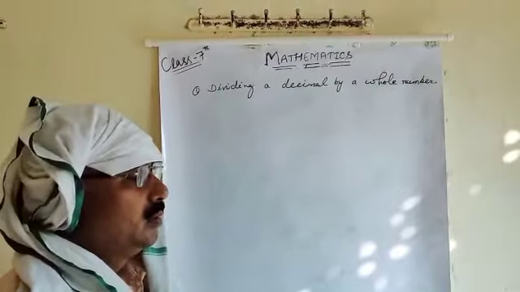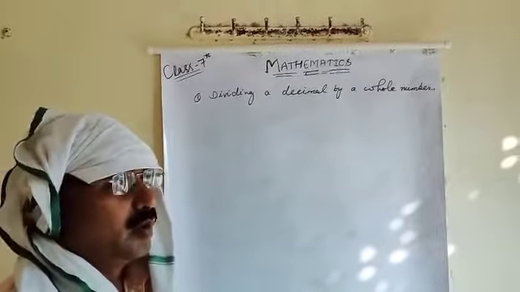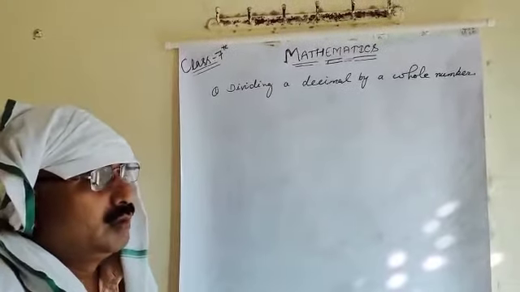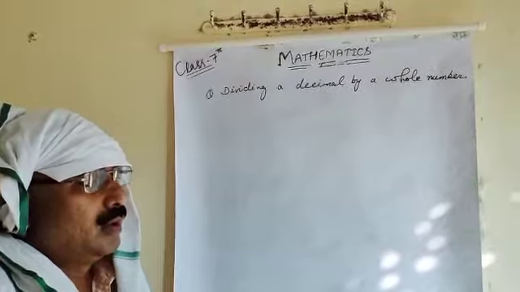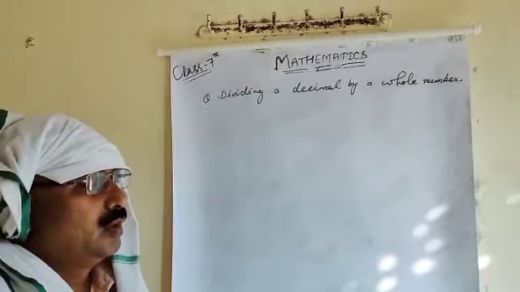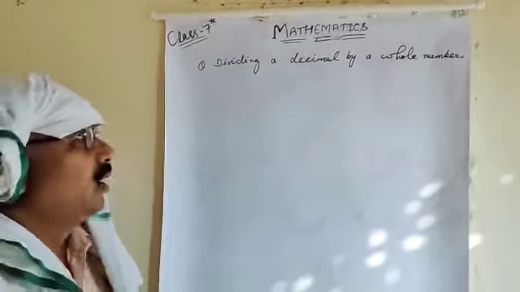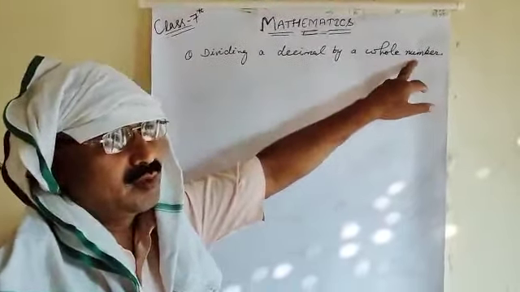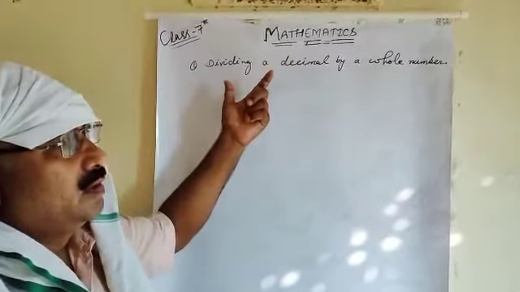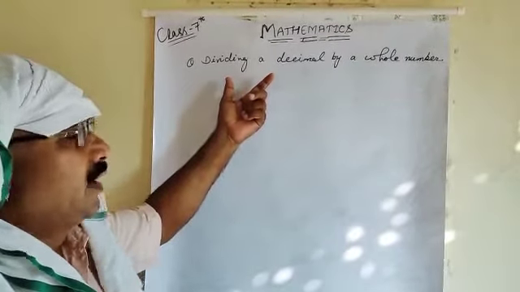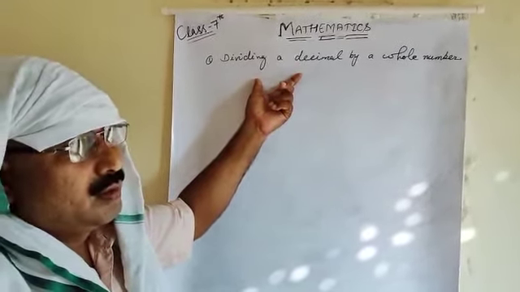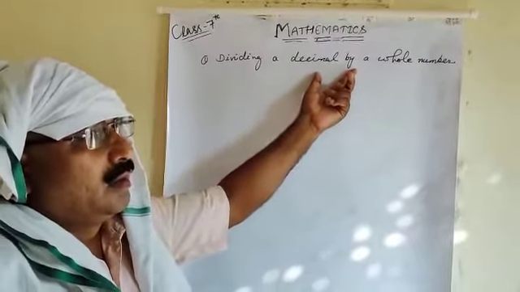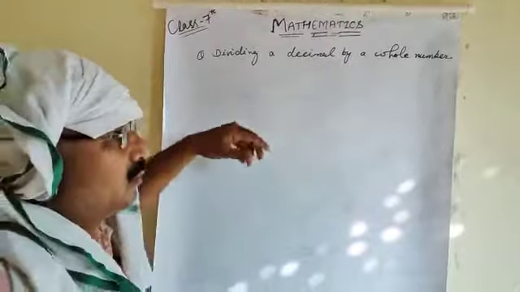Students, yesterday I taught you about multiplication of decimal numbers. Today I am going to teach you dividing a decimal by a whole number. That means the dividend will be a decimal number and the divisor will be a whole number.